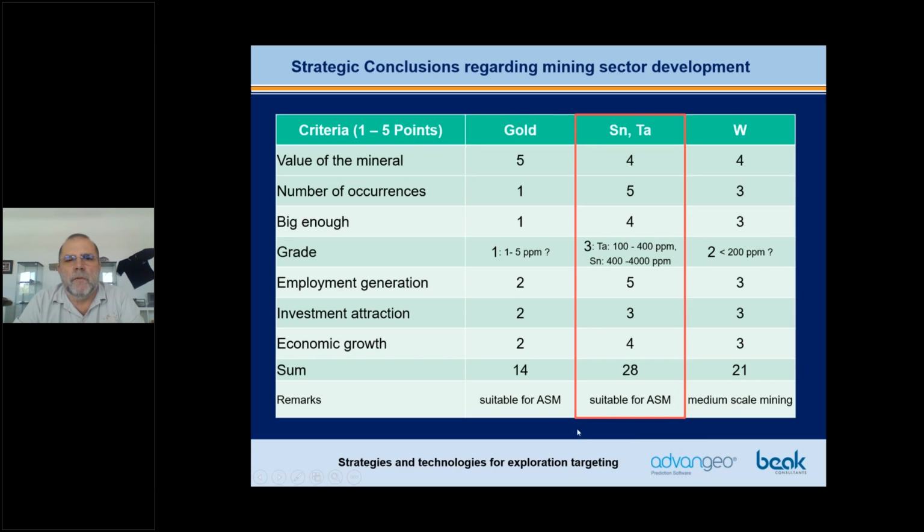Gold we didn't discuss, but we have only a few low-grade gold deposits or occurrences in the country. So this is more or less simple mining, can be done by small-scale mining. For tungsten, we already need a bigger underground mine. This is a medium-scale mining. So this probably has the highest potential for the country to be developed.